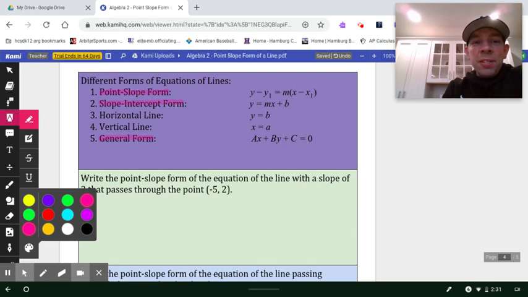And then, of course, you've got your two special cases, your horizontal line and your vertical line. If you're familiar and comfortable with all 5 of these, you're going to have a really strong foundation going forward. Our goal is to equip you with as many tools as possible so that you can be flexible and versatile as you navigate your way from problem to problem to problem.